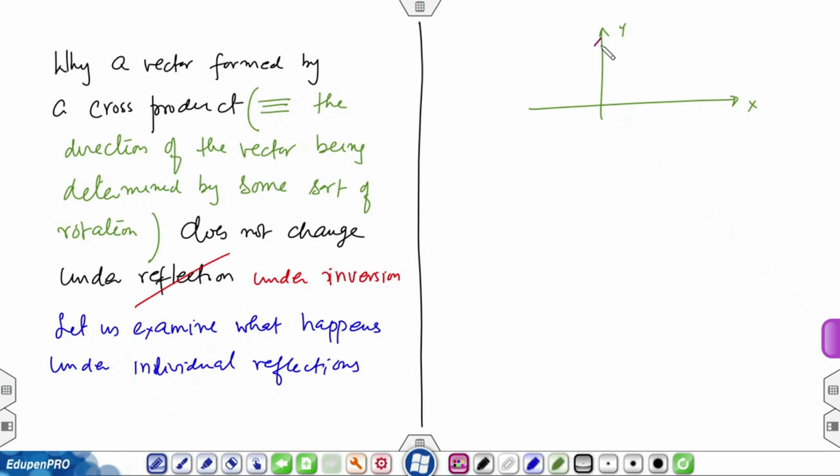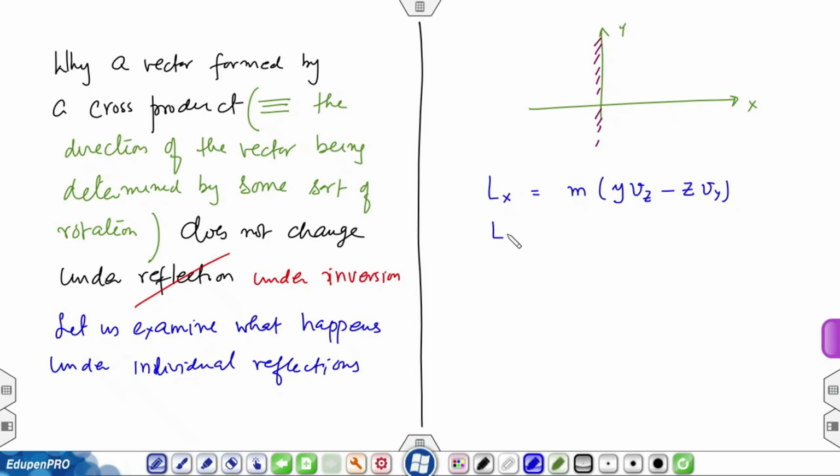Let us take the reflection about the y axis and examine different components of L. The angular momentum Lx is given by m y v z minus z v y.